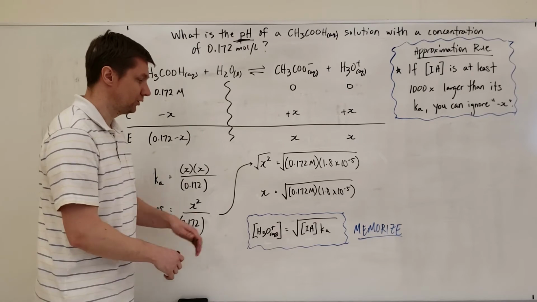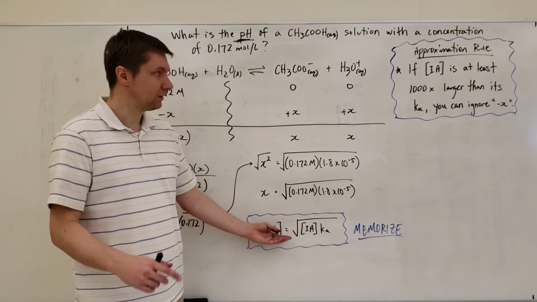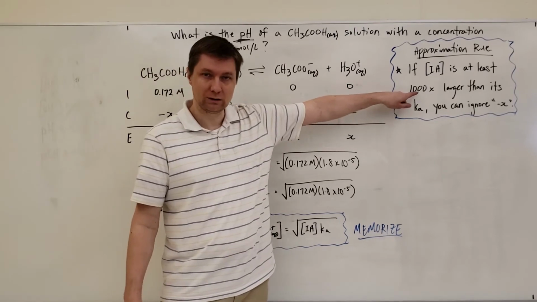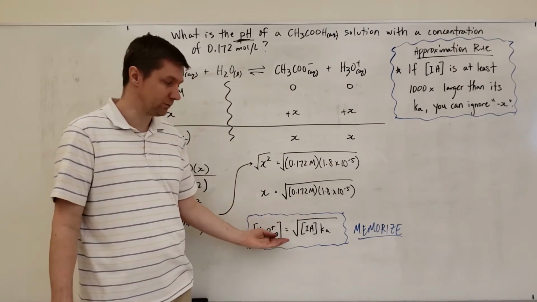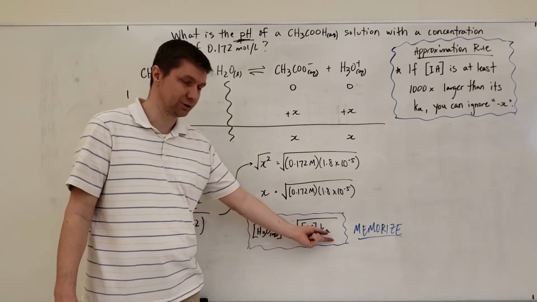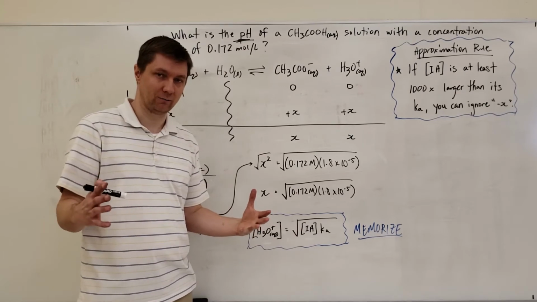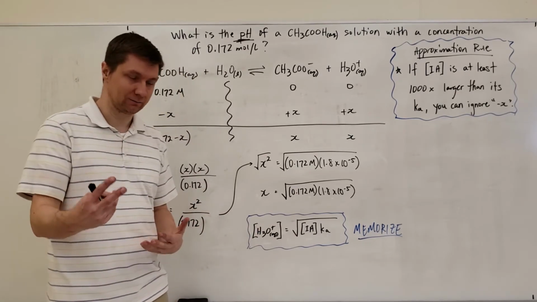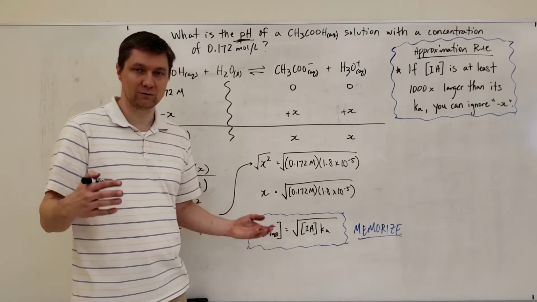First of all, you can only use this formula if the approximation rule is being followed. You cannot use this formula if your initial acid concentration and your Ka are not 1,000 times different from one another. Second thing, this is a formula that can only be used for weak acids.